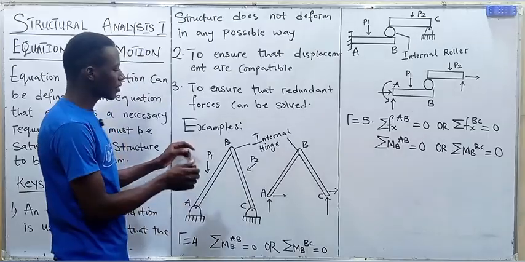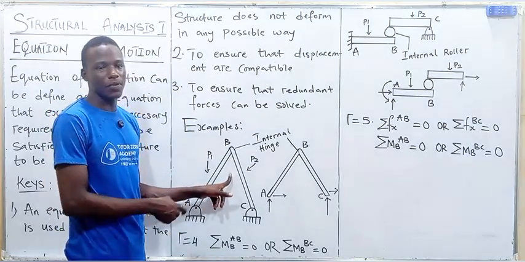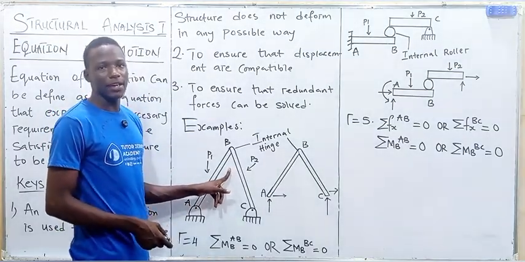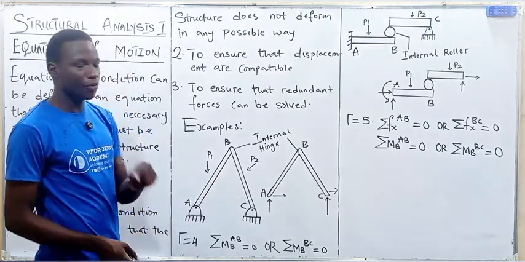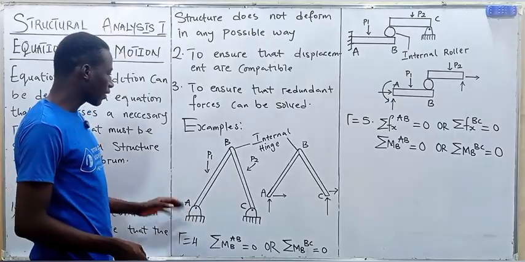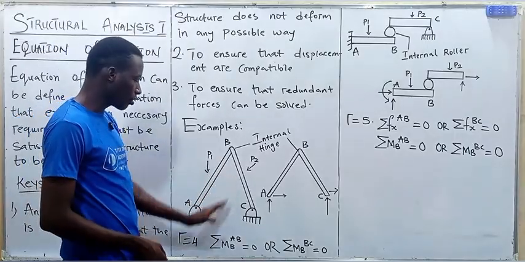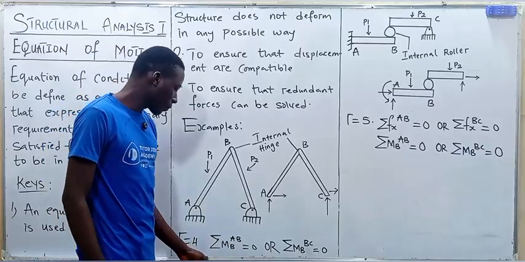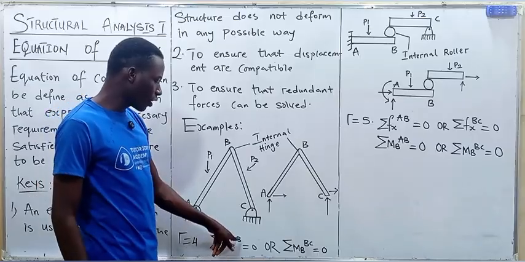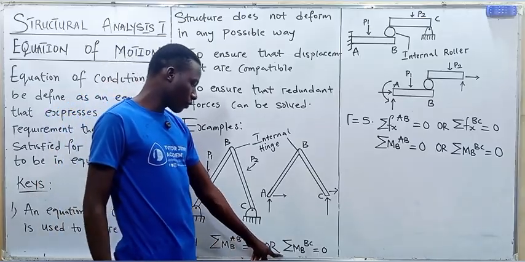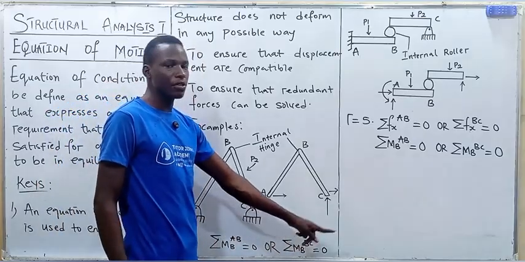That necessary requirement is referred to as the equation of condition. The equation of condition used for this structure will be either the summation of moment about point B of AB equals 0, or the summation of moment about point B of BC equals 0.